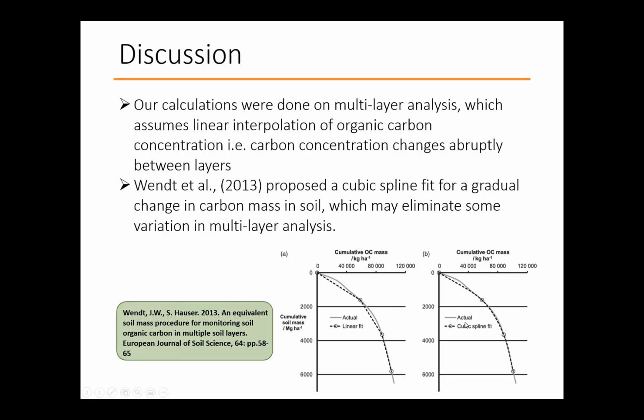But he proposed a cubic spline fit, saying that the organic carbon concentration tends to change more gradually. But this is applicable only for analysis where we are looking into multiple layers, not if we are looking at a single layer.